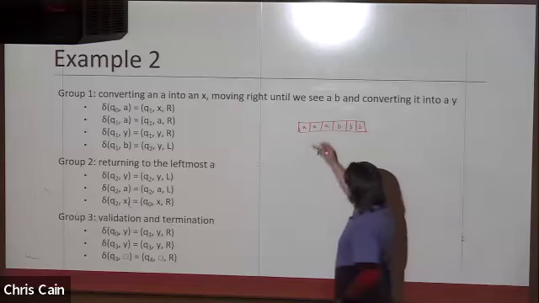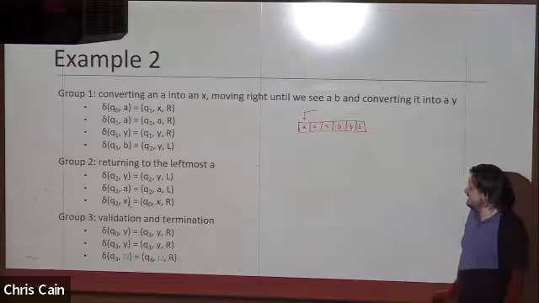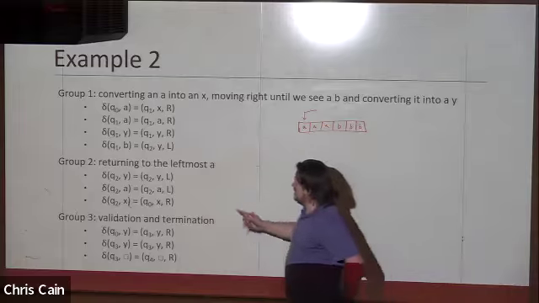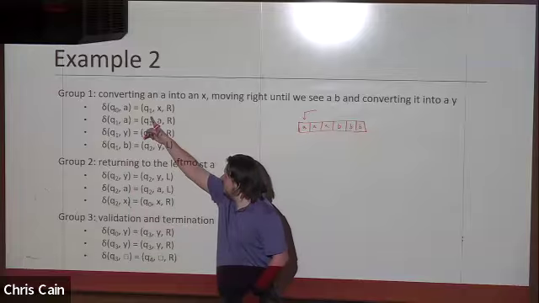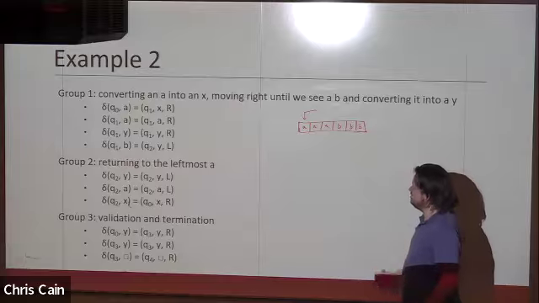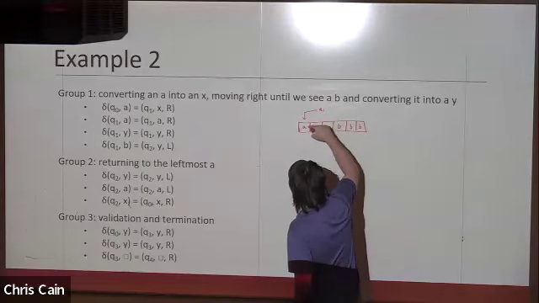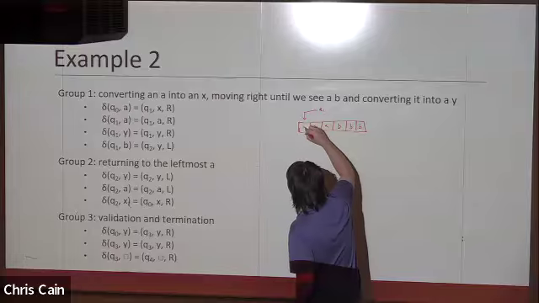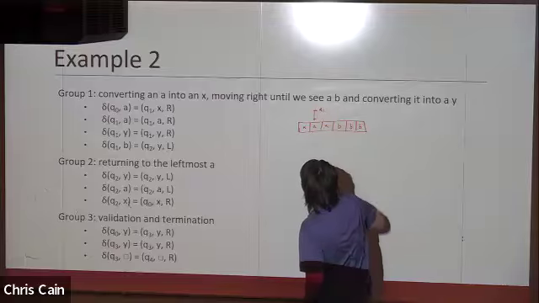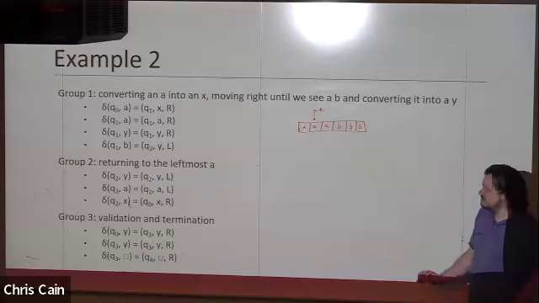The read-write head starts pointing at the leftmost character, this A, and we start in state Q0. The only transition we can take starting in Q0 on an A is this one. So Q0 on an A, we transition to state Q1, replacing that A with an X, and move the read-write head to there. That's what happens after that first transition.